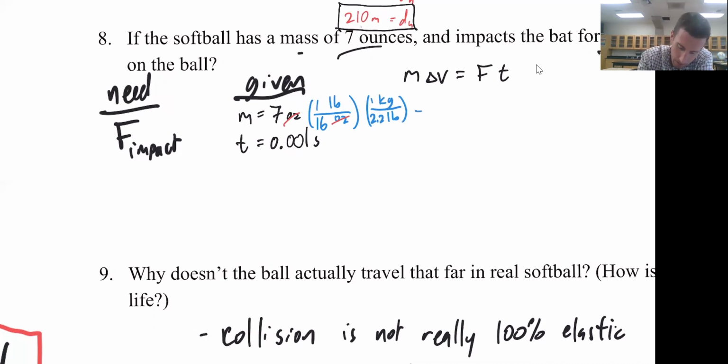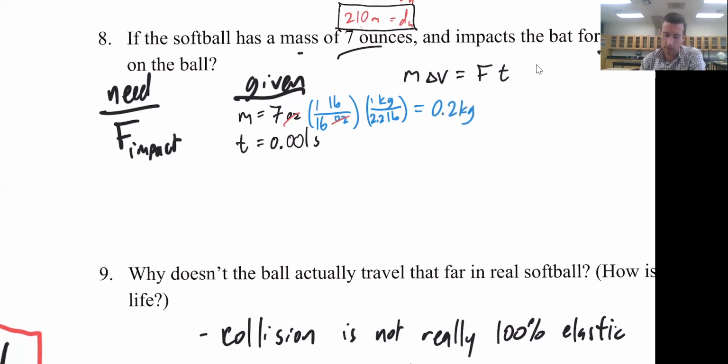Okay, so I have 7 on top, 16 on the bottom, and 2.2 on the bottom. So I'm going to do 7 divided by 16 divided by 2.2, which is 0.1988. That's about 0.20, right? 0.2 is my mass in kilograms.